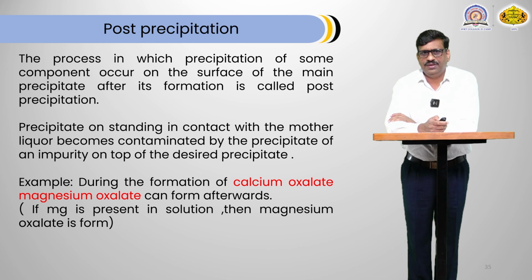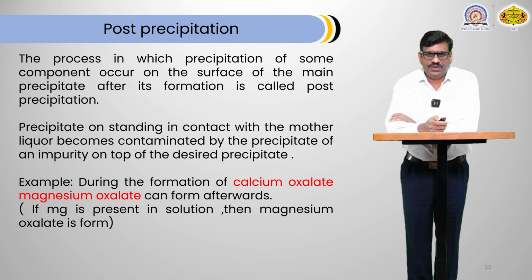In this contamination, the main precipitate is obtained, and if it remains in that mother liquor, then the contaminant present in that solution also gets precipitated, and due to that, contamination of precipitate is observed.